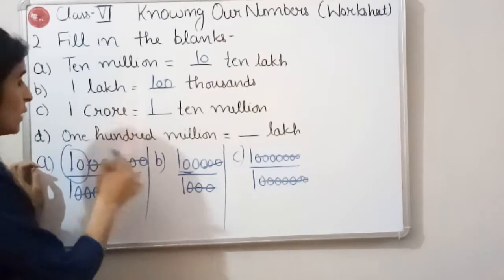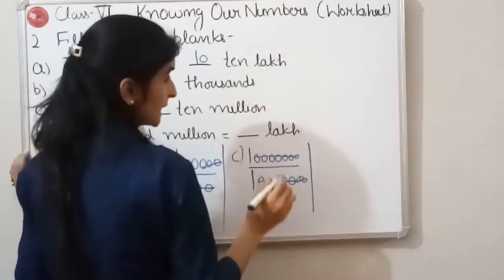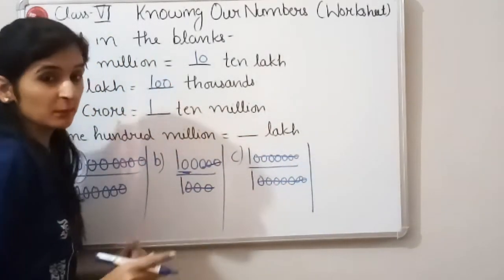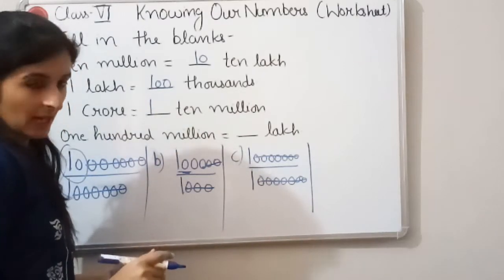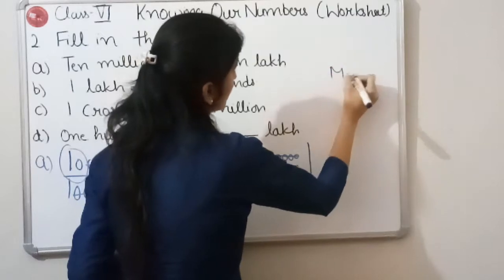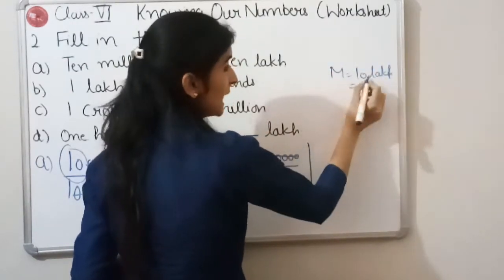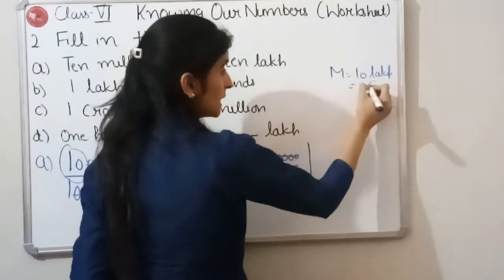Fine. Now the next part is 100 million. Million means 10 lakh. 10 lakh means how many zeros? 6.